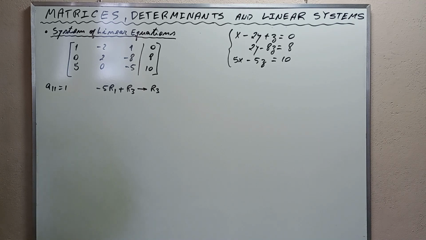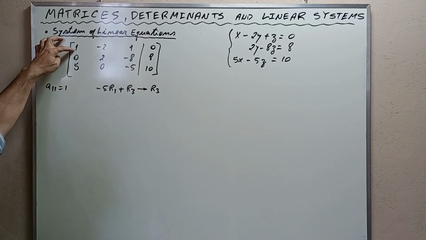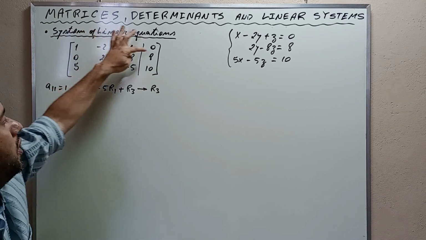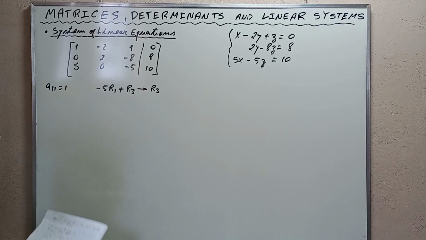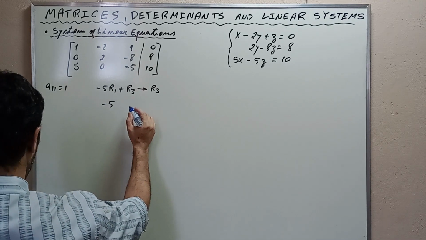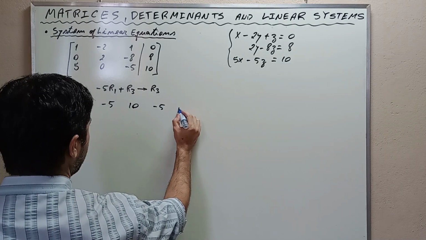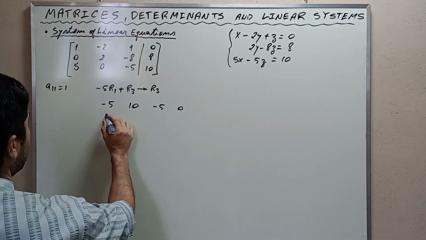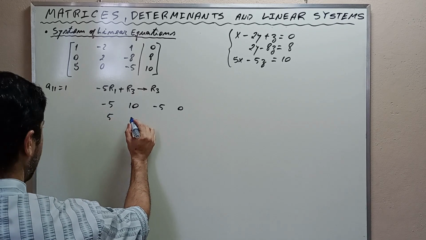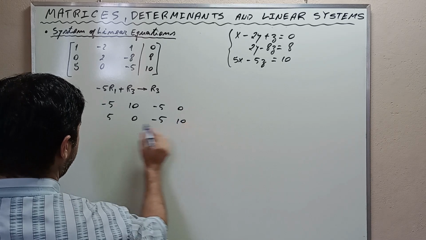Negative 5 times row 1 is, we are going to multiply each of these entries here by negative 5. Negative 5, 10, negative 5, 0, 5, 0, negative 5, and 10.